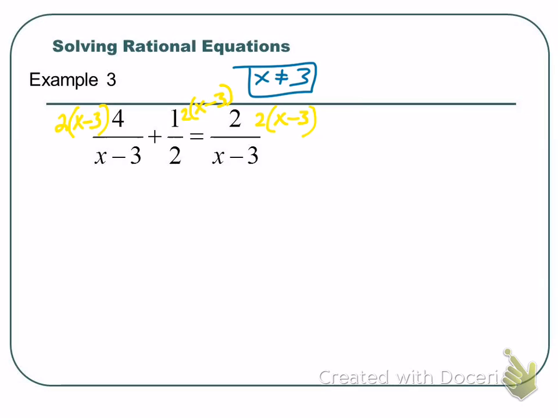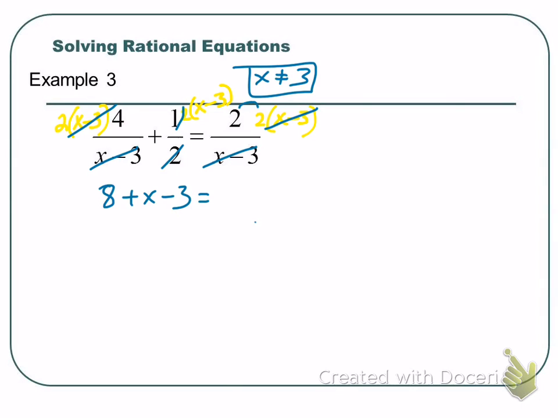When we multiply the first term, the x minus 3's cancel. 2 times 4 is 8. When we multiply the 1/2 by 2 times x minus 3, the 2's cancel. And 1 times x minus 3 is just x minus 3. Right? When we multiply the next term, the x minus 3's cancel.